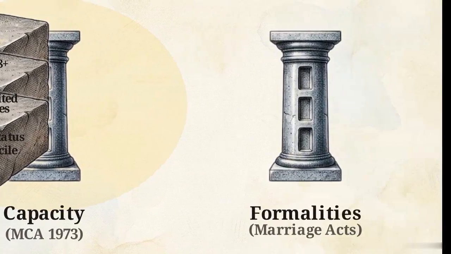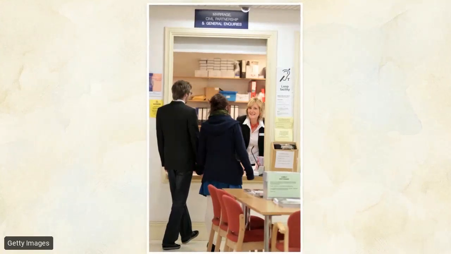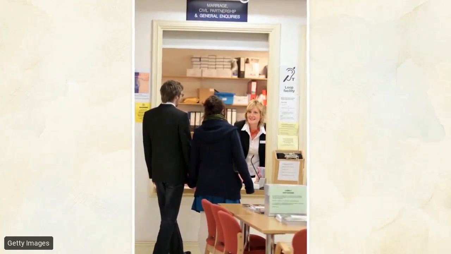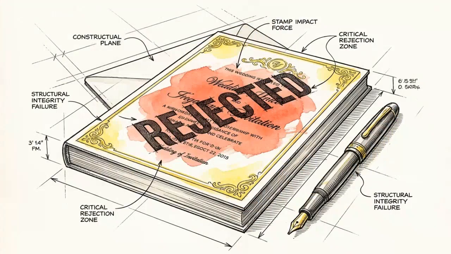If capacity governs who can marry, formalities govern exactly how the marriage must be enacted. The process begins with civil preliminaries. Couples must give formal notice at a district registry office exactly 28 full days before the ceremony. The location is equally restricted to approved premises.